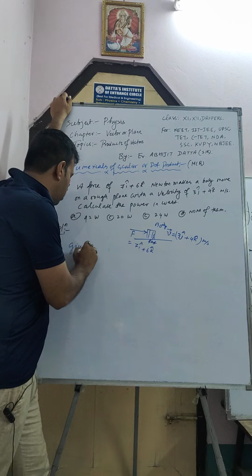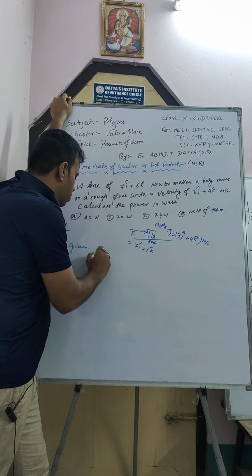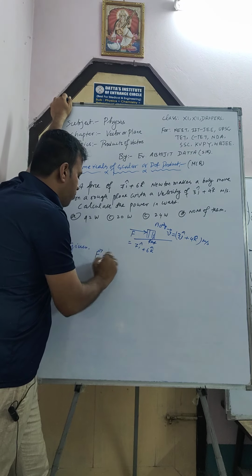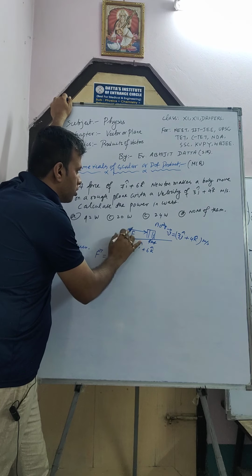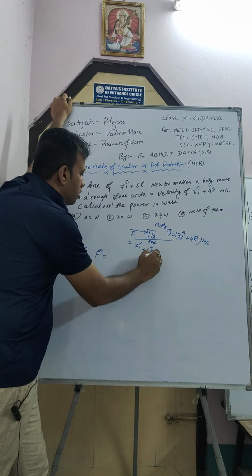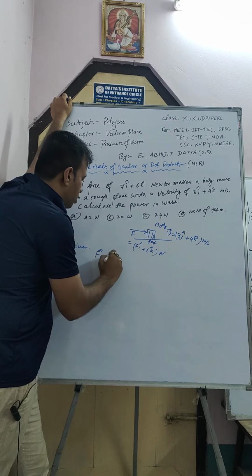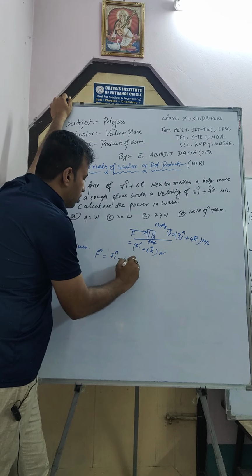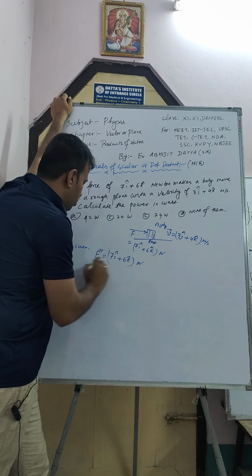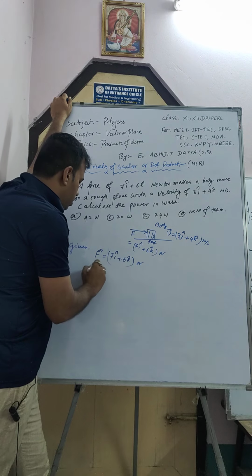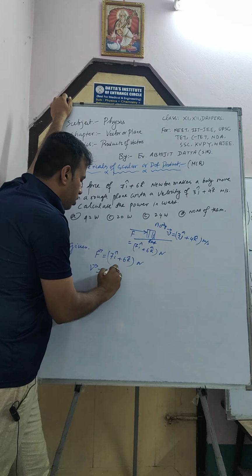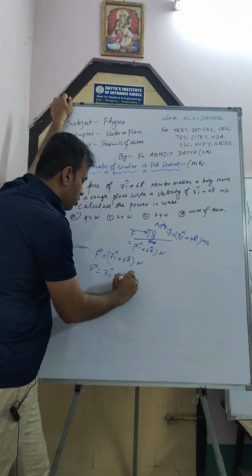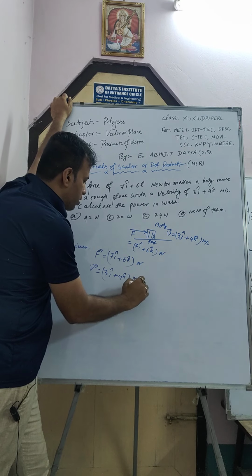Okay, fine. So what is given here? Given force, that is F vector. This one is applied force. Unit is Newton. So 7i plus 6k Newton, and velocity vector is 3j plus 4k meter per second.